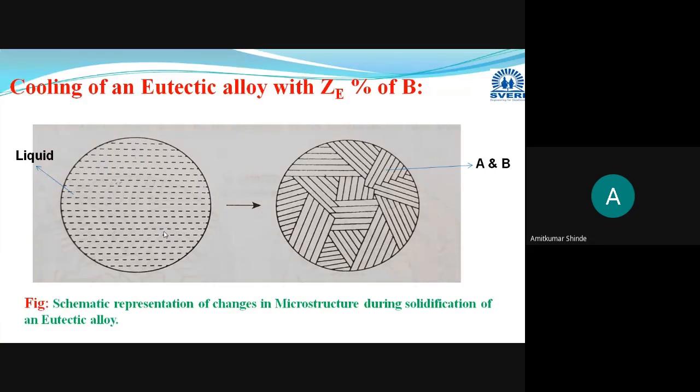Please draw the diagram. Please give proper names also for that diagram.